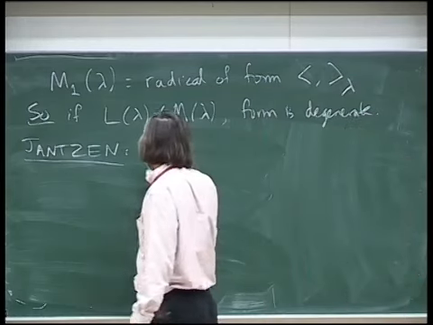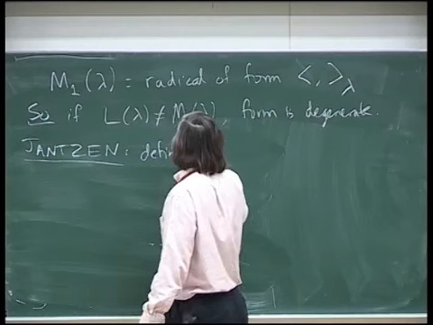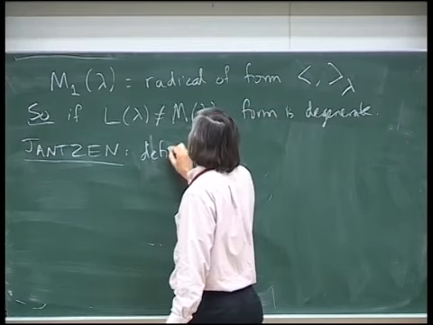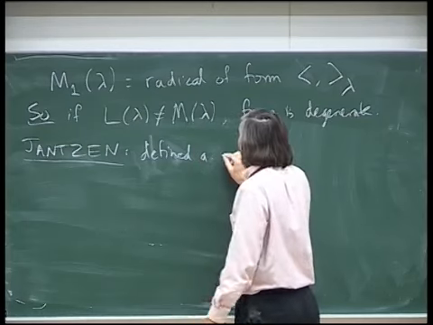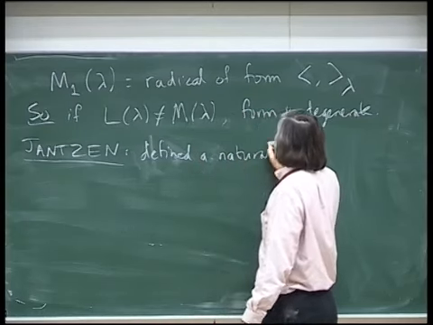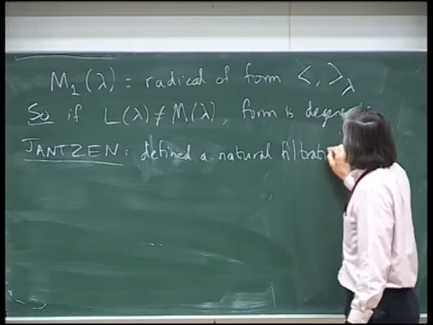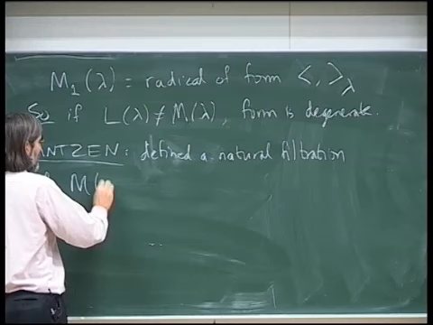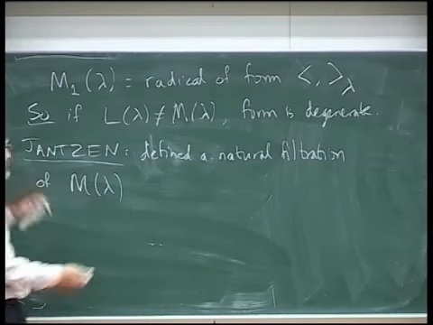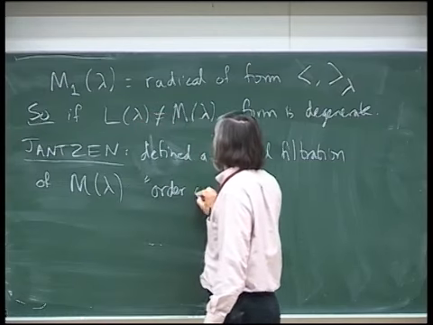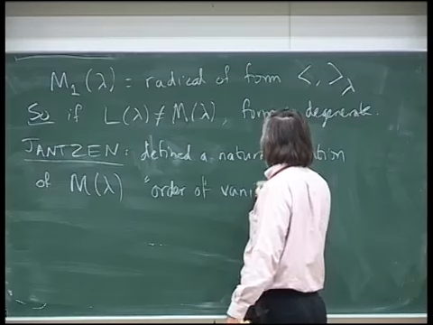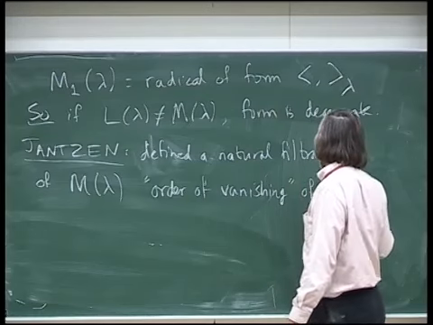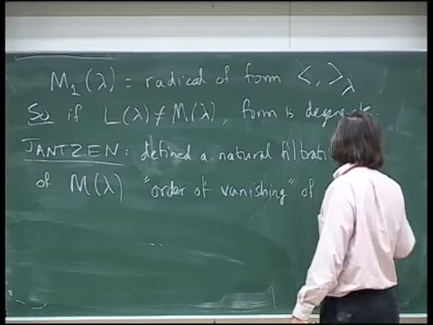He defined a natural filtration of M of lambda, which you can think of as essentially the order of vanishing. The definition is slightly tricky, but not very. It's the order of vanishing of the Shapovalov form.